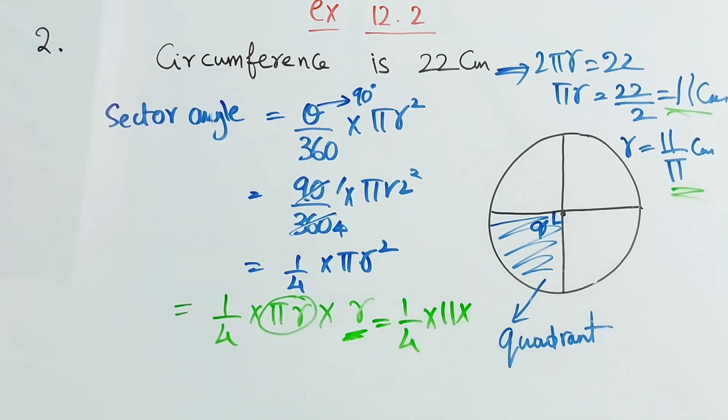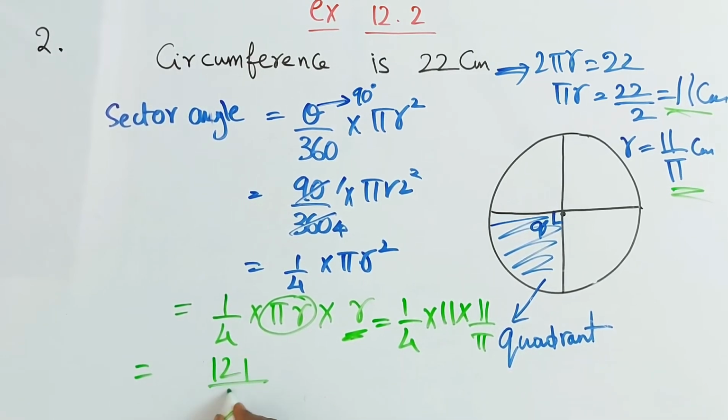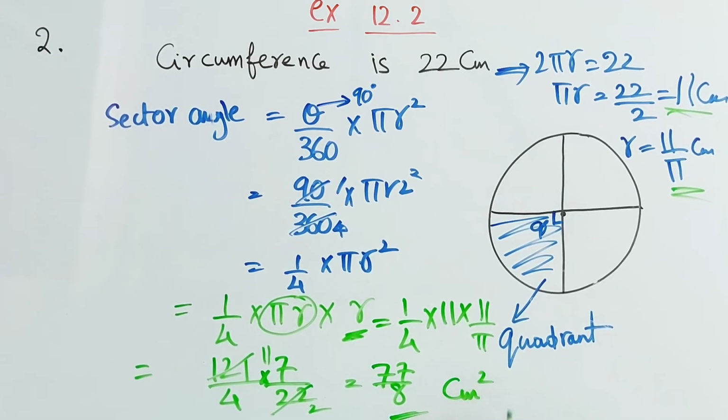R is 11 by pi centimeters, 11 divided by pi. So this equals 11 11s are 121 divided by 4. Pi means 22 by 7. Now it will be inverse. So this is into 7 by 22. This equals 77 divided by 8, children. Because 11 2s are 22, 11 11s are 121, 11 into 7 is 77. 4 into 2 is 8. 77 by 8 centimeter square is the sector area.